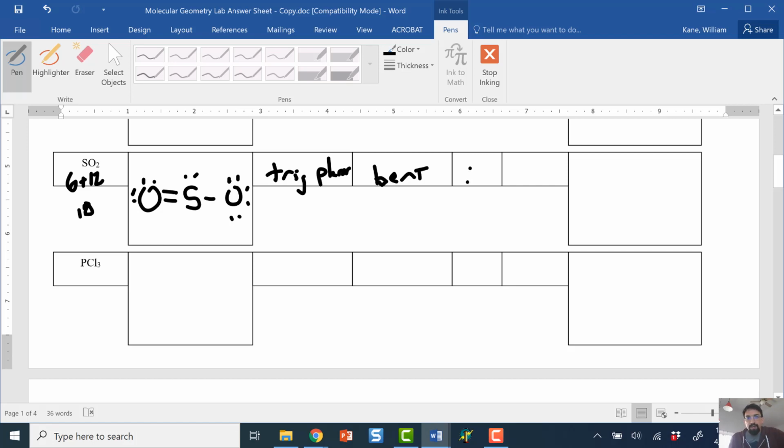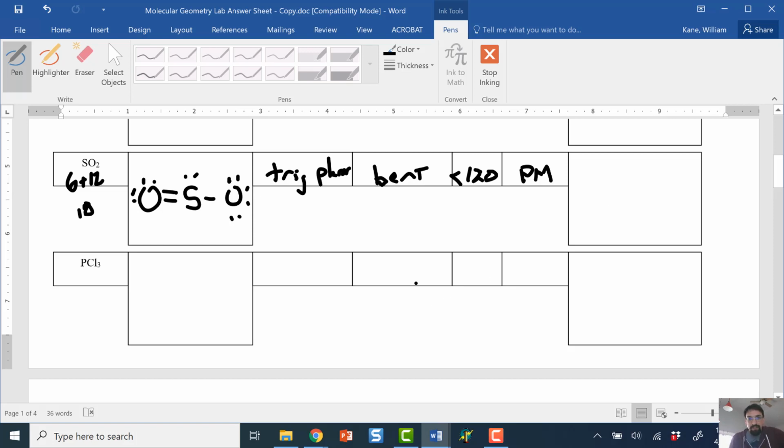Since this is trig planar, we're going to be talking somewhere in the 120 degree range. Since it's bent, the bond angle is going to be less than 120 degrees. And as far as polarity is concerned, sulfur to oxygen is definitely a polar bond. And this is going to be a polar molecule as a result.